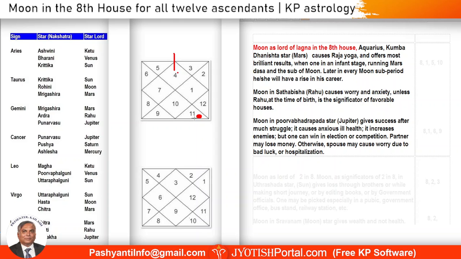Now, when the moon is in the 8th house, which is an Aquarius sign, then within Aquarius, depending on the moon's degree, it could be in any of the three stars.